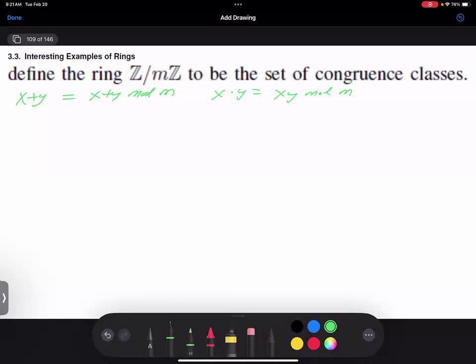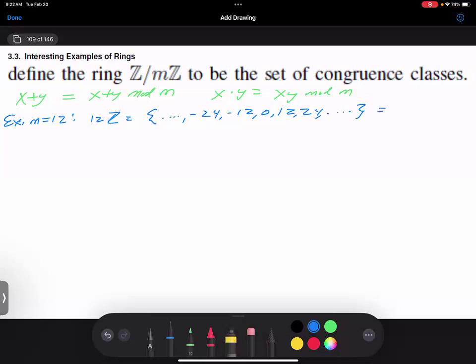And so really, when you look at the congruence classes, for example, if m equals 12, we have 12Z is going to be ... minus 24, minus 12, 0, 12, 24, ... And then what's the next congruence class?